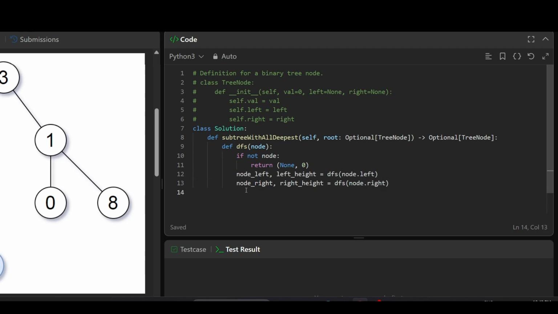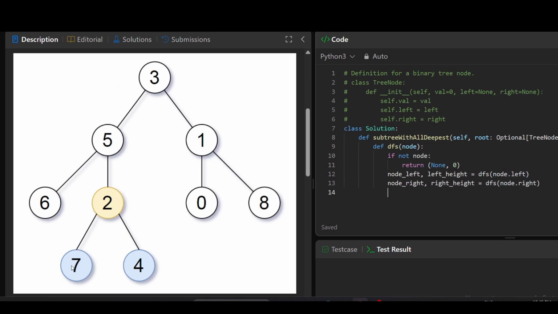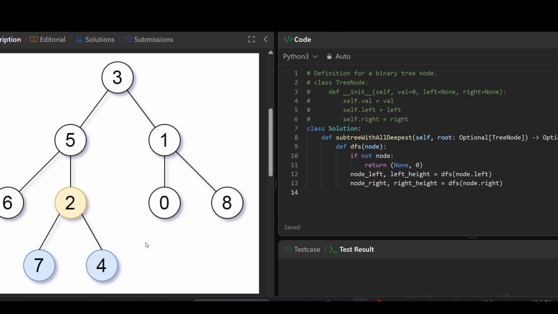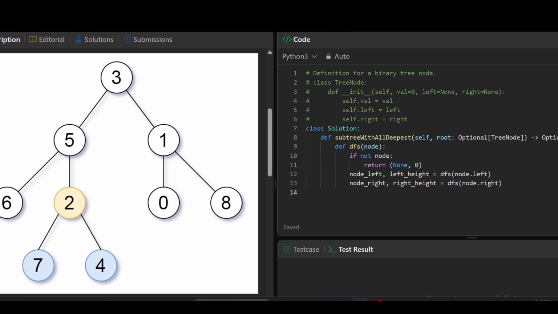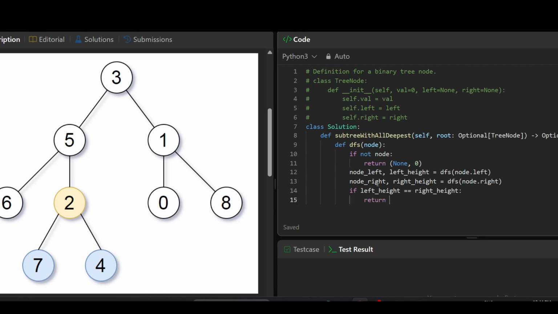And now we have got two conditions. Like how I said, if it's equal here, the subtrees of 2 are 7 and 4, which are equally deep. 7 and 4 both have 3 as the depth, which is the maximum. So how do we write the condition for it? If left height is equal to right height, we are basically returning the node itself and the height plus 1.